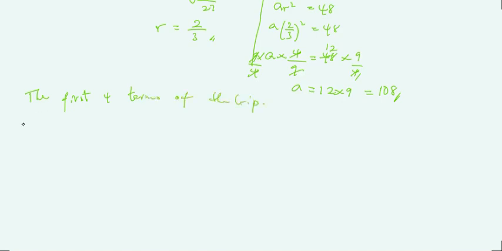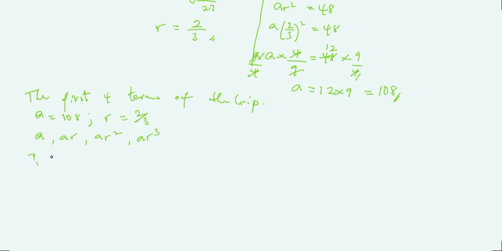The first 4 terms of the GP, we have known our a to be 108, and our r is 2 over 3. The first 4 terms are a, ar, ar square, ar raised to power 3.